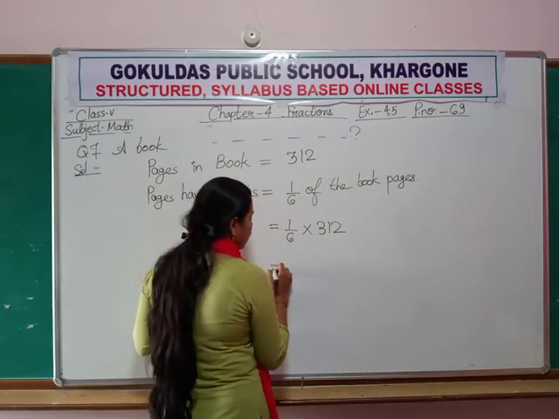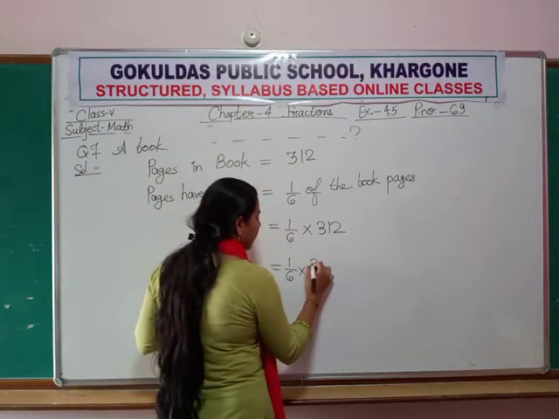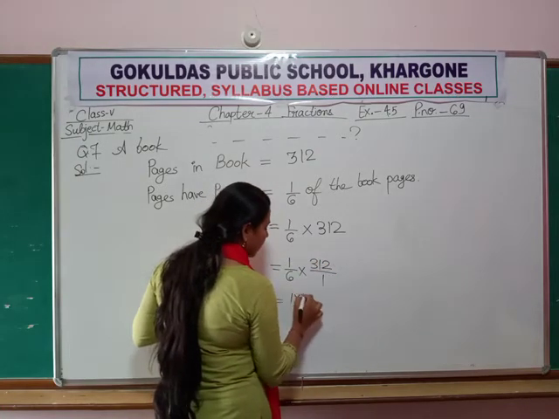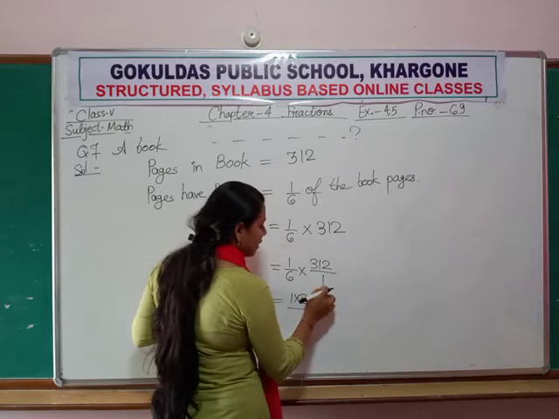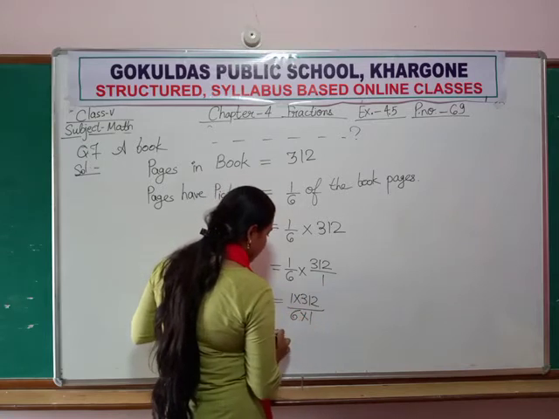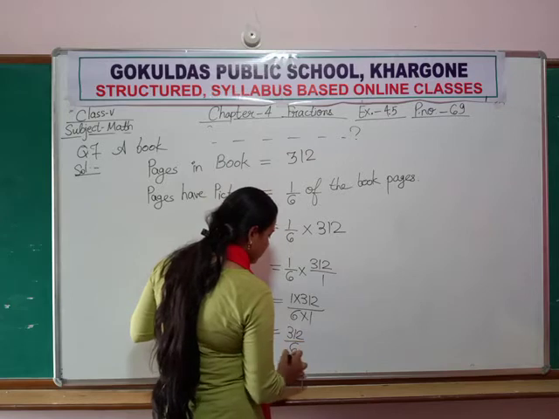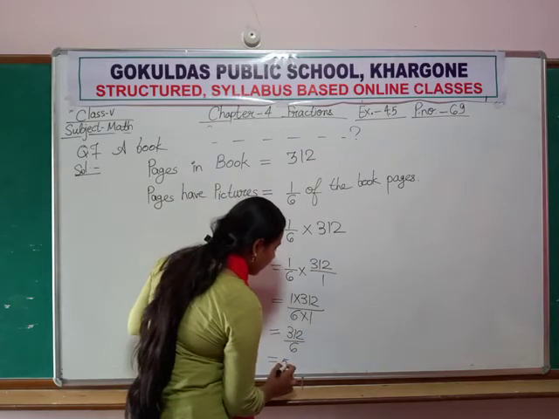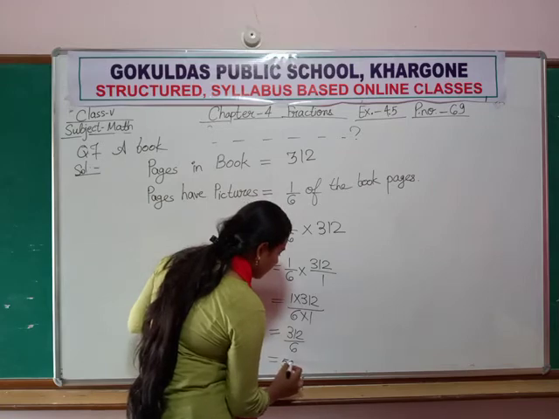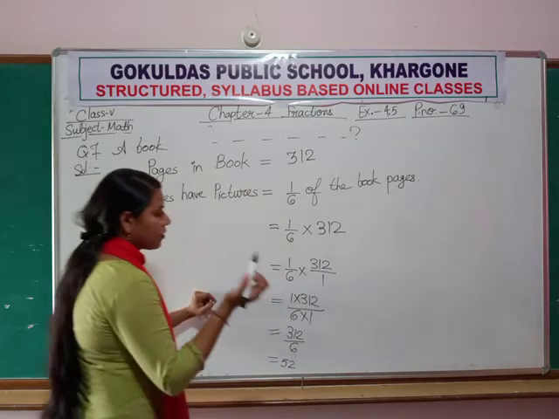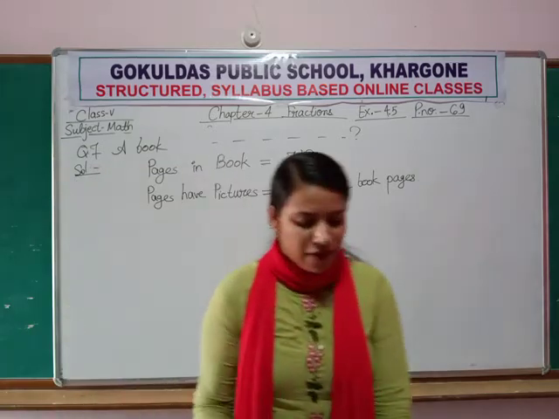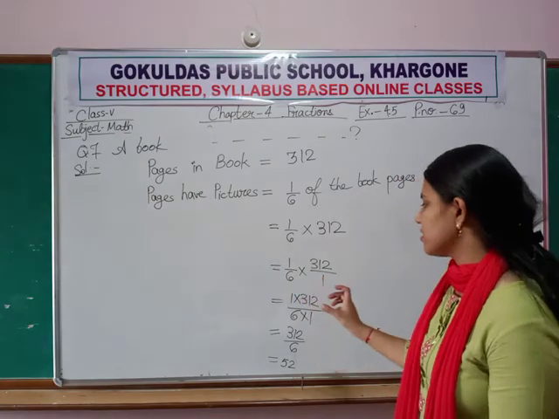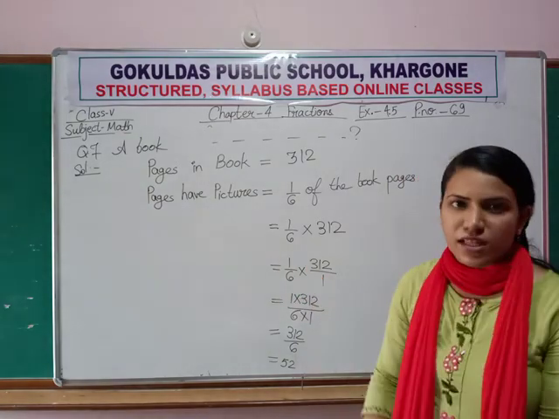Now solve it. 1/6 multiplied by 312/1. Numerator gets multiplied with numerator and denominator with denominator. So 312/6. When we solve it, our answer is 52. So 52 pages have pictures in the book.